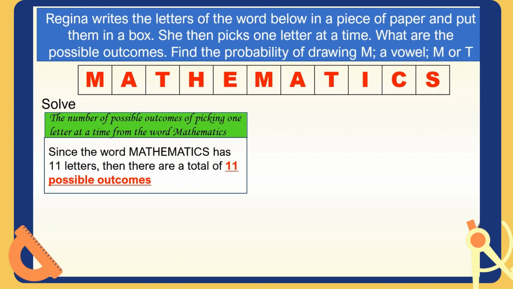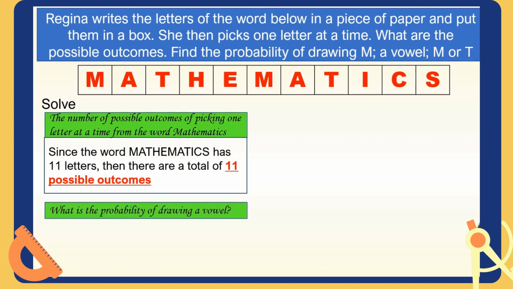So, meron ding 11 na possible outcomes na chance para mabunot ang bawat letra na napapaloob sa mathematics. Dahil, kung bibilangin natin kung ilang letra meron ang salitang mathematics, ay meron siyang 11. Okay? So, 11 ang chance nito na mabunot lahat ng mga letters sa mathematics.